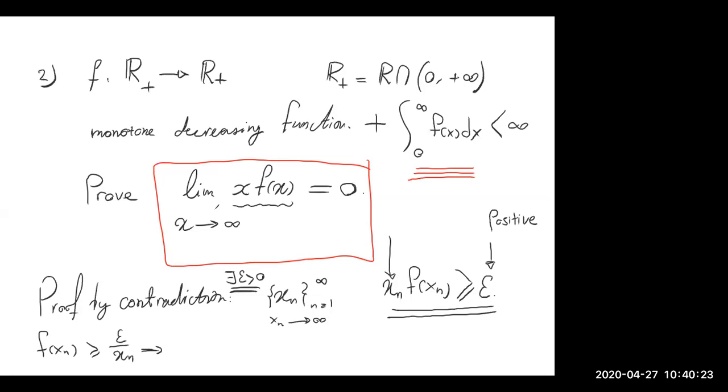So it means integral of f of x, well, let me tell you this. Because f is monotone, after some point f of x should be greater or equal than epsilon over x for x large enough.